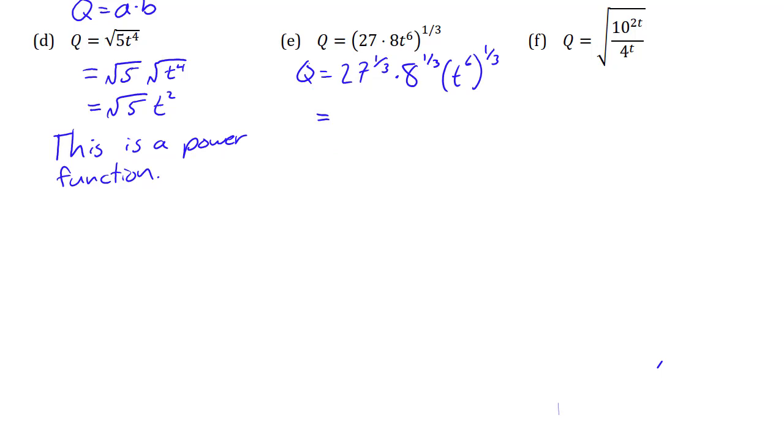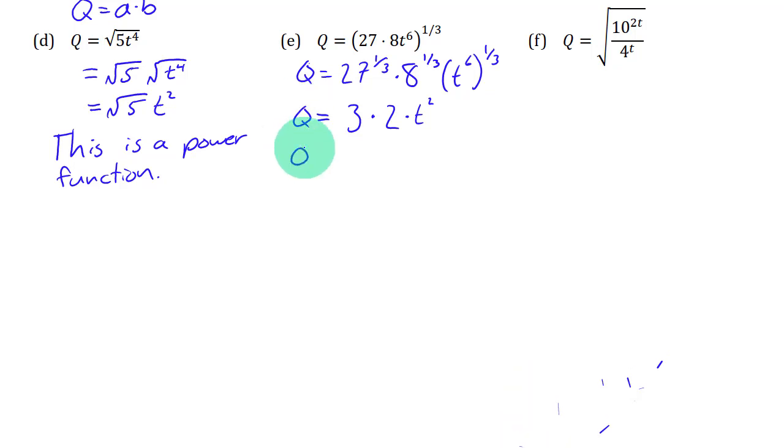And the exponent 1/3 is the same as a cube root. So the cube root of 27 is just 3. The cube root of 8 is just 2. The cube root of t to the 6th is just t squared, that you could also get by multiplying 6 times 1/3.